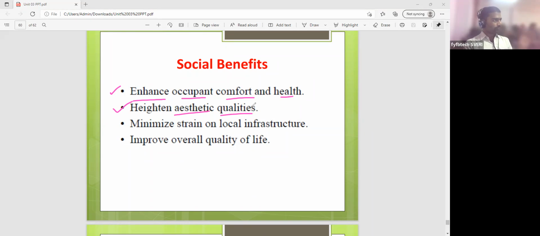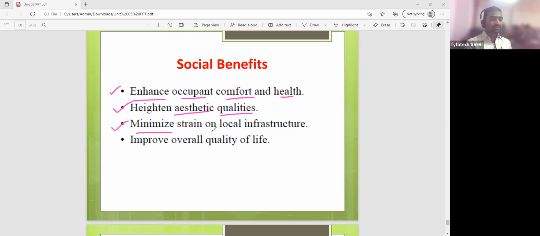Aesthetic qualities means the external appearance of the building structure. As compared to the conventional structure, everywhere there is greenery surrounding the building. All the water supply, drainage system, and electrical supply are well planned, pre-planned. That's why aesthetic qualities are increased.